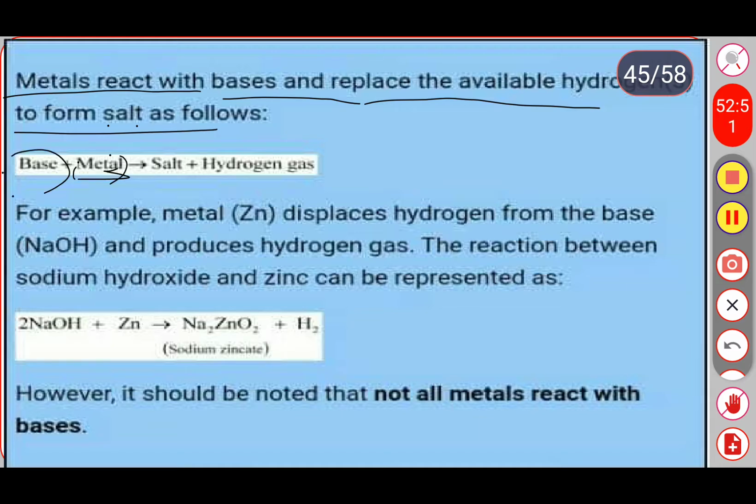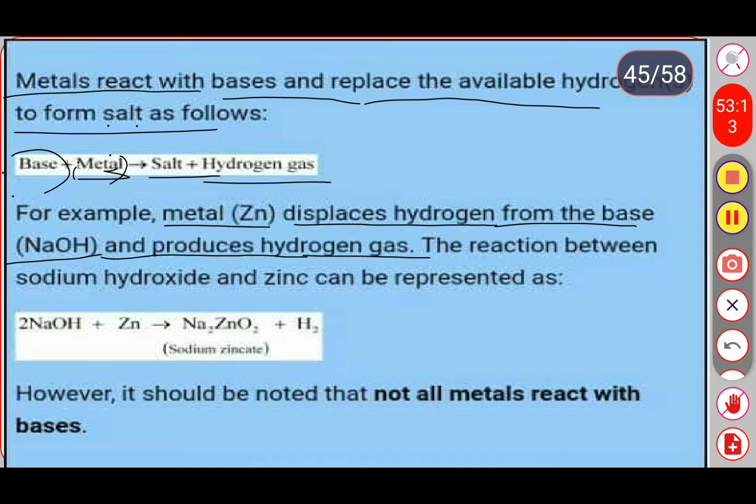For example, a metal like zinc displaces the hydrogen from the base sodium hydroxide and produces hydrogen gas. The reaction between sodium hydroxide and zinc can be represented as follows.